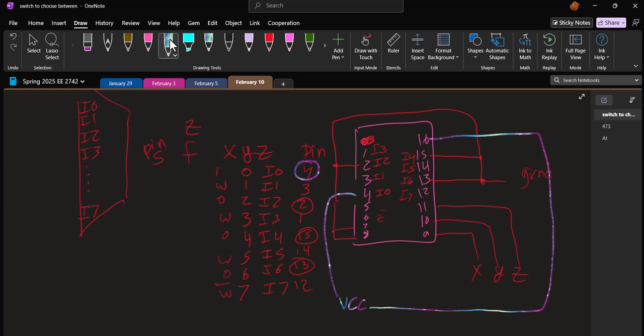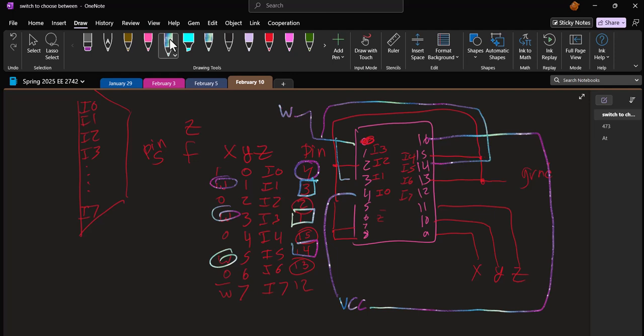And then W goes into pins 3, 1, and 14. So whatever switches W goes into pins 1, 3, and 14. And then you're also going to have a NOT gate.